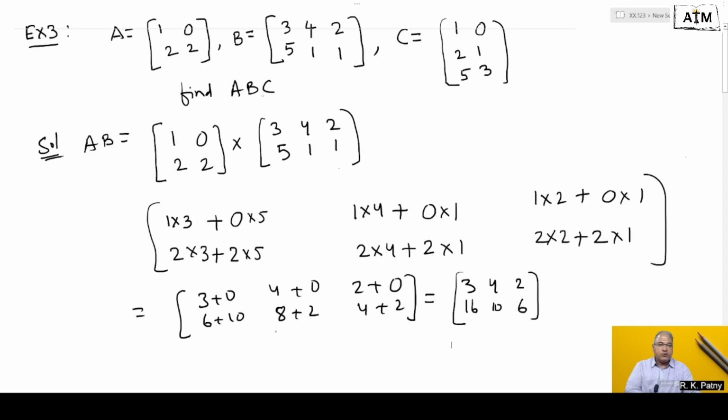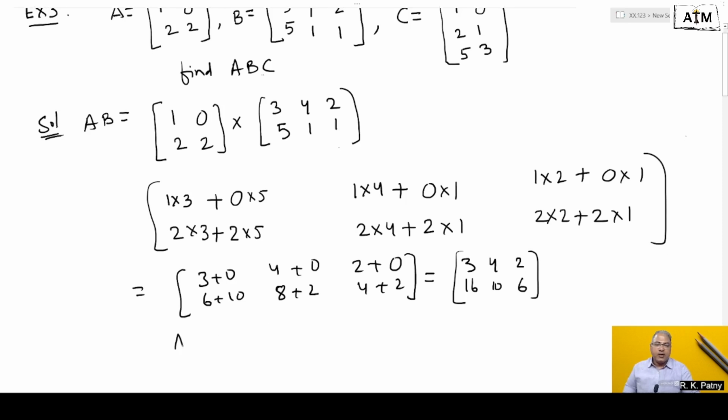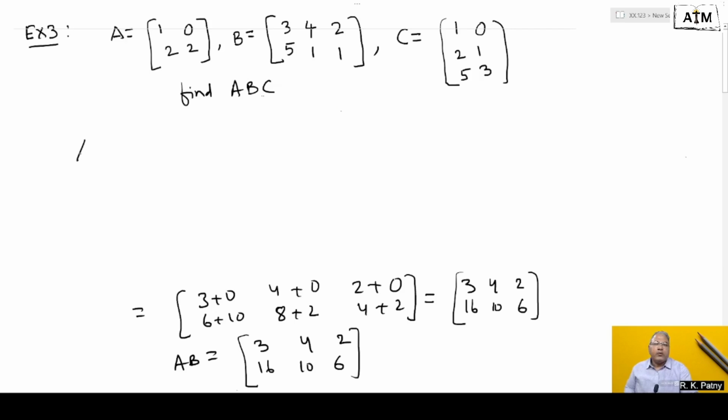Therefore A into B equals 3, 4, 2, 16, 10, 6. This is the result of AB. Now we need to multiply this AB with C. We have AB equals matrix 3, 4, 2, 16, 10 and 6.